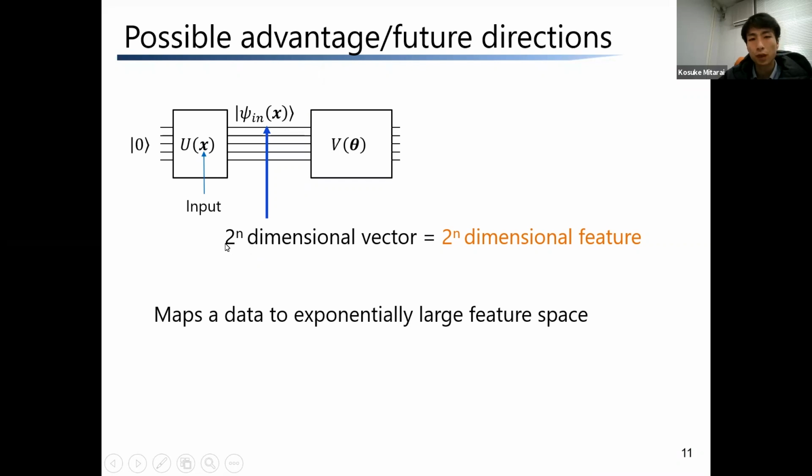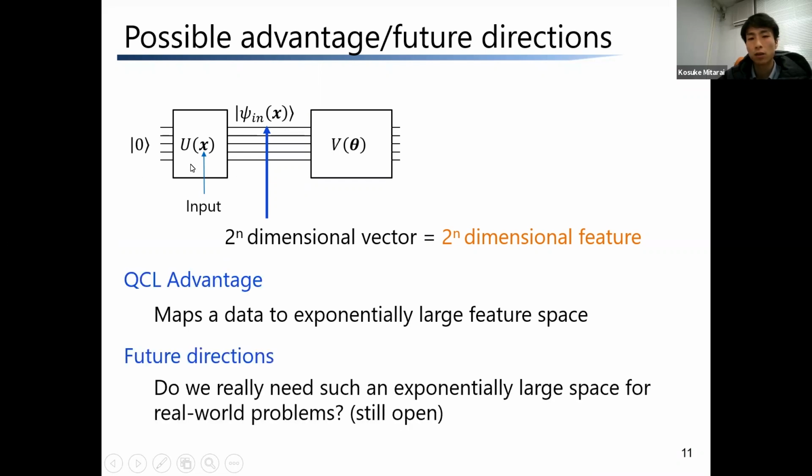So in quantum circuit learning, we map some input to an exponentially large feature space by this UX. That is the QCL advantage, but maybe this is not really required by real-world data. So a future direction would be: do we really need such an exponentially large space for real-world problems like MNIST handwritten digits, or maybe a CIFAR-10 data set?